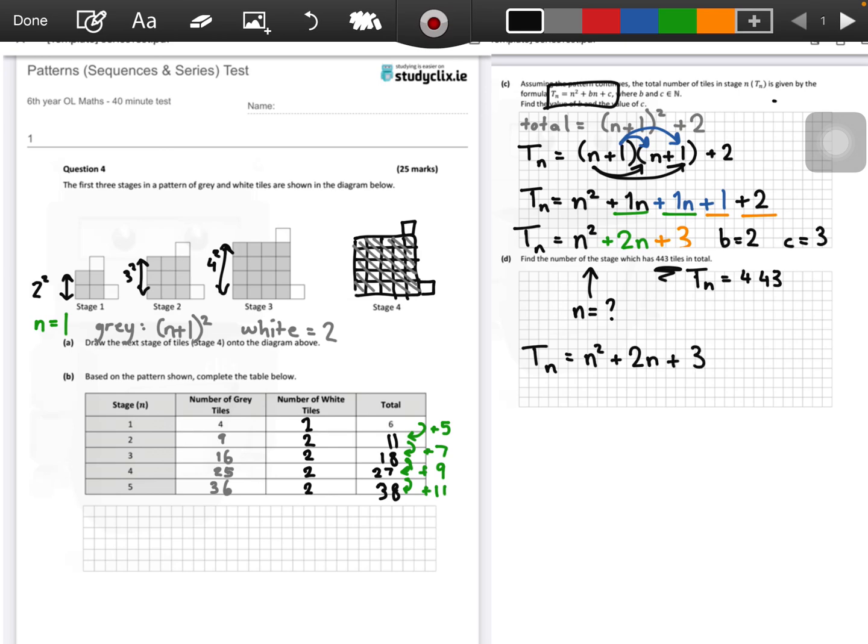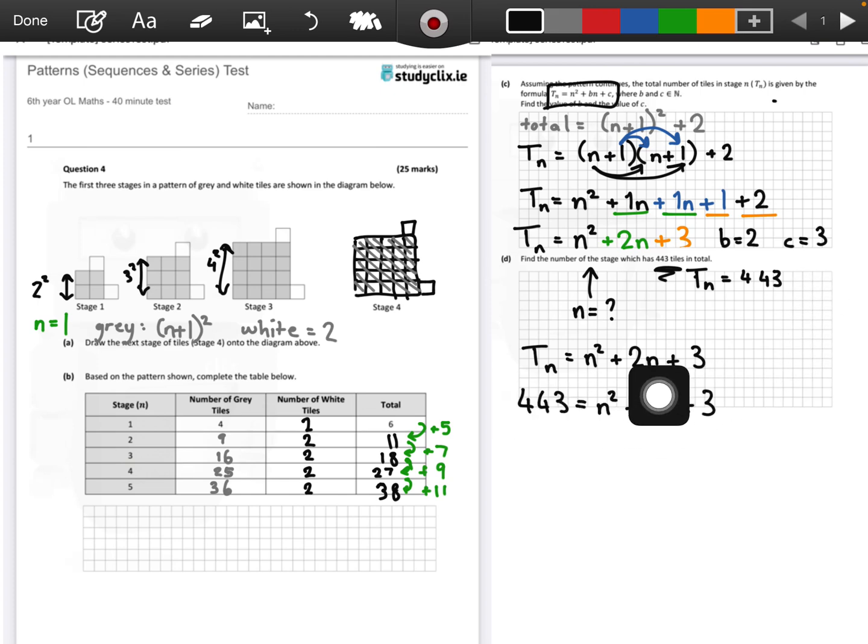So I'm going to fill that in. t of n we said was 443, so 443 is equal to, and then we're looking for n, so we can't fill that in. So I'm going to have n squared plus 2n plus 3.